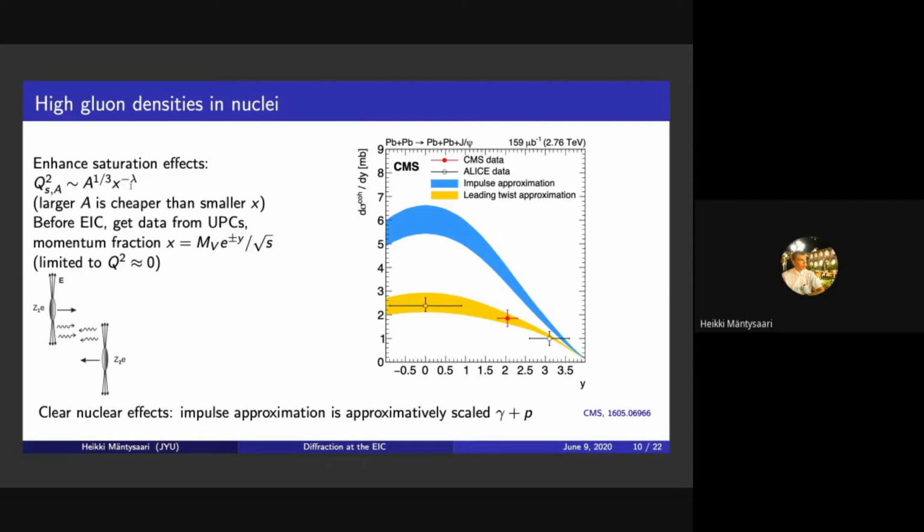To demonstrate what kind of effects you can expect with nuclear targets, we can look at ultra-peripheral collisions. These processes have been measured at RHIC and at the LHC in recent years.